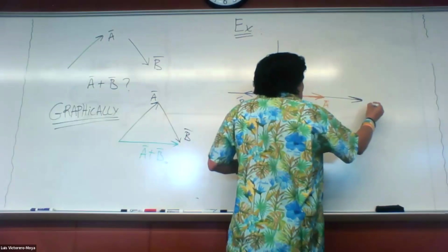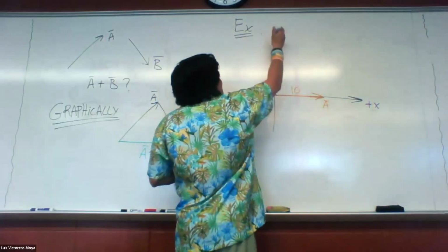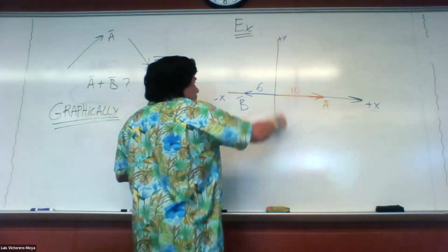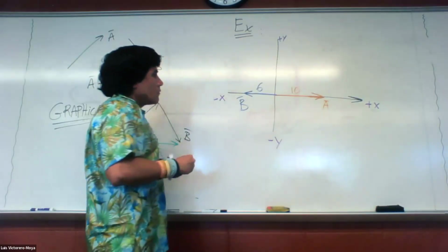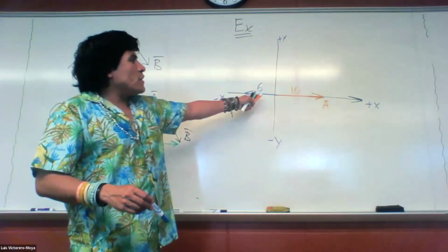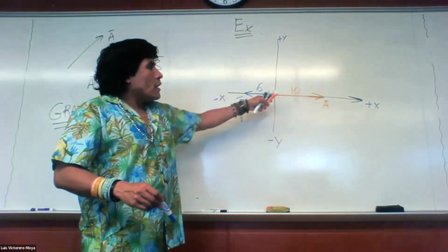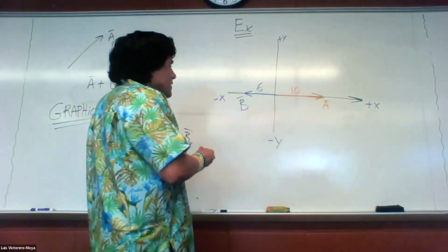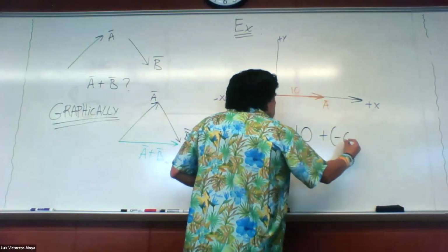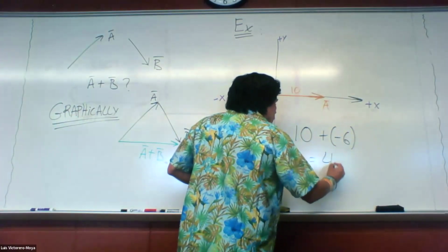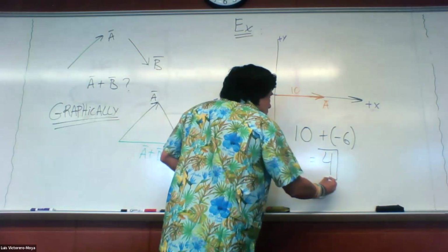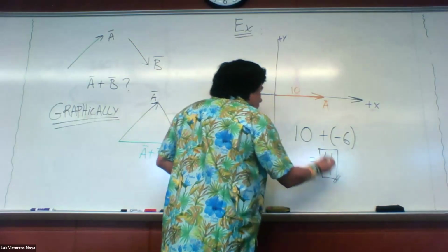To the right is always the positive X, up, positive Y. To the left, negative X, down, negative Y. So if I add the vectors, yes, the magnitude of this is 6, but this is going towards the left. This is going towards the right. So you are basically adding like this. 10 plus negative 6, that's equal to just 4, whatever units, right? So this is basically the resultant of those two vectors.